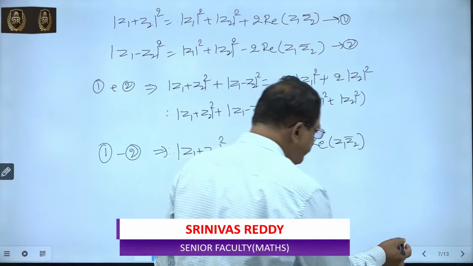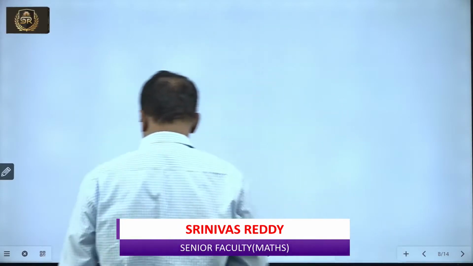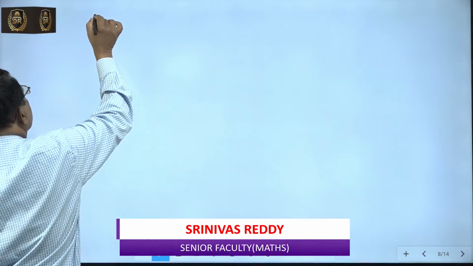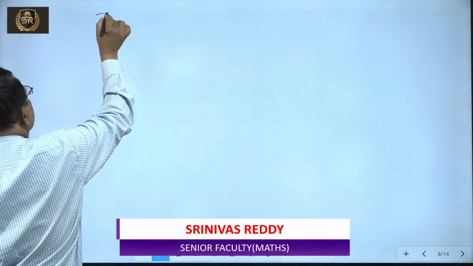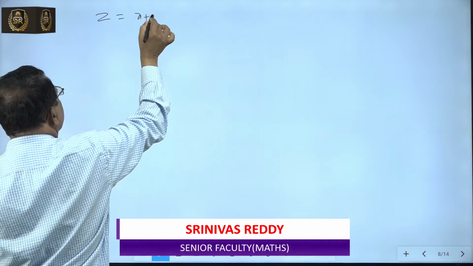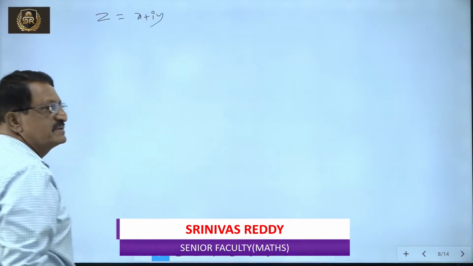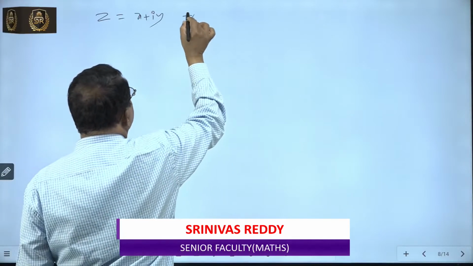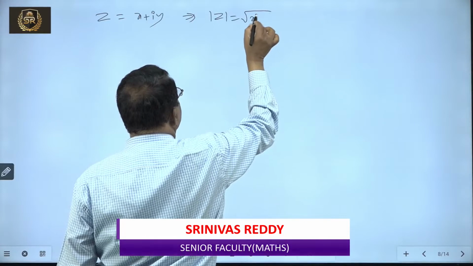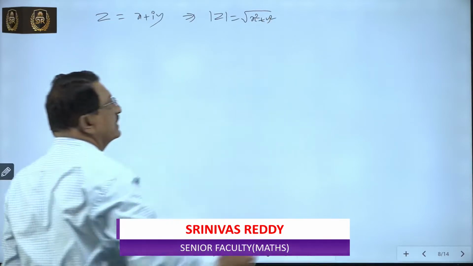Next, suppose Z is a complex number, Z equals x plus i y. This implies mod Z equals square root of x square plus y square.